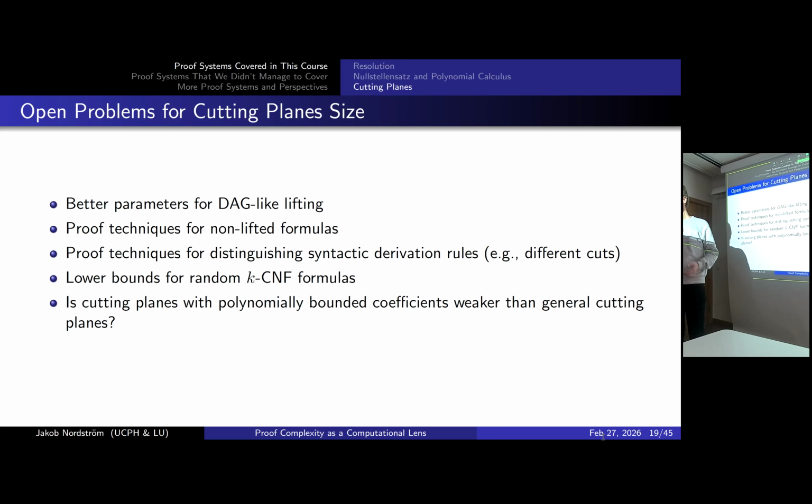What we saw were ingredients in a proof showing that we still don't know this, but at least now we know, which we didn't know before, that there are size-space trade-offs that apply to CP star that don't apply to general cutting planes. So we can prove there are some non-trivial things that cutting planes with polynomially bounded coefficients cannot do efficiently that general cutting planes can do efficiently.